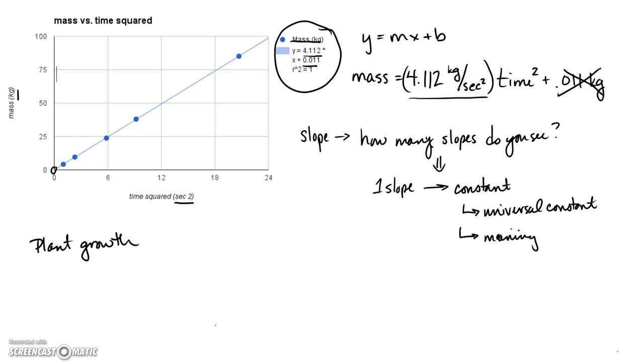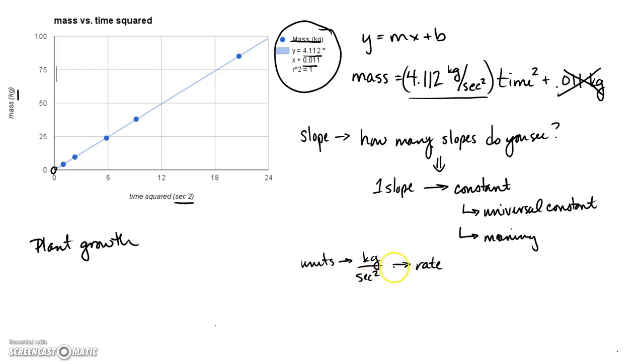So now, trying to understand this, we are going to have some avenues. First, we look at units. If I look at units for this, the units are kilograms per second squared. So this means I'm going to have so many kilograms of plant growth per second squared. To me, this seems like a rate.